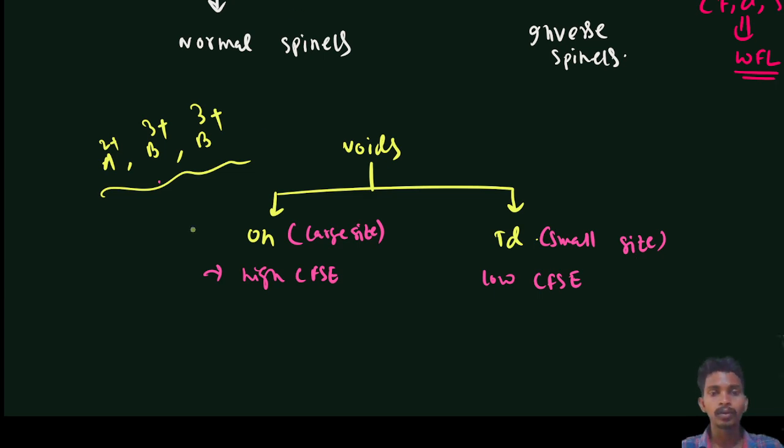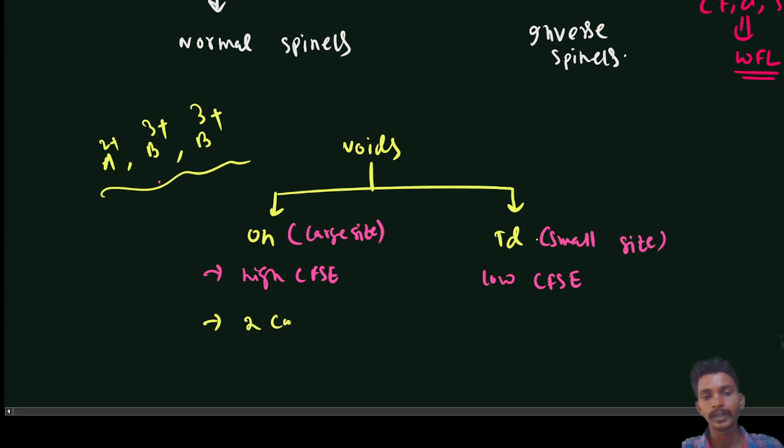In octahedral holes 2 cations can fit, and here 1 cation, because the total is 3 cations.